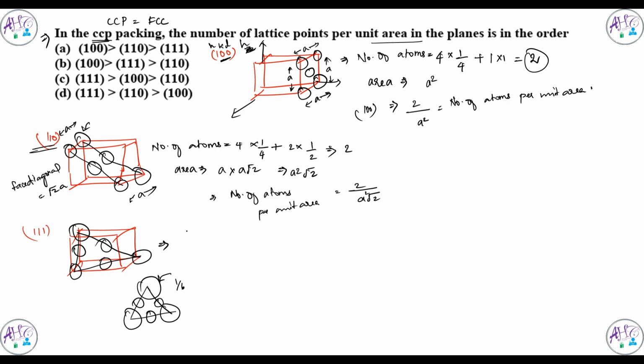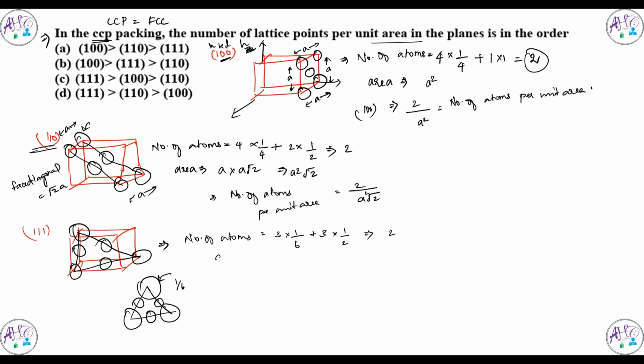So number of atoms is going to be equal to, there are three corner atoms and the sharing is going to be 1/6, plus there are three face diagonal atoms and the sharing is going to be 1 by 2. So if you solve, this is going to be equal to again 2. Number of atoms is again going to be equal to 2.